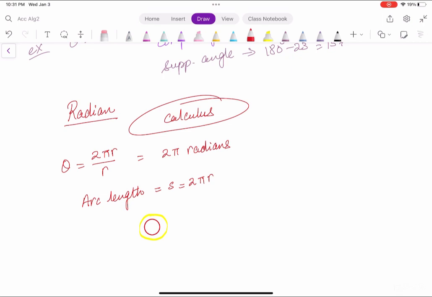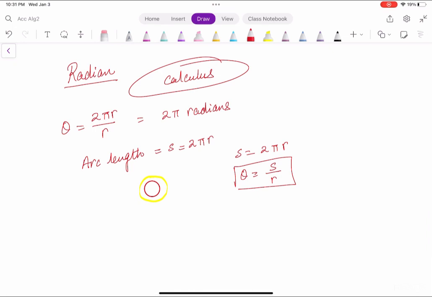And with that, we can say theta is nothing but S over r, because S is 2 pi r. Theta is equal to S over r. That gives you the 2 pi radians.